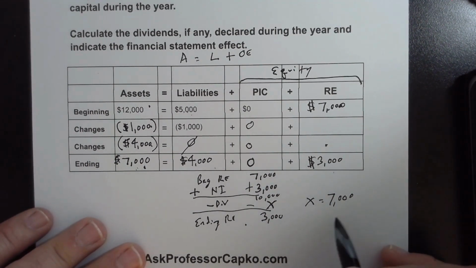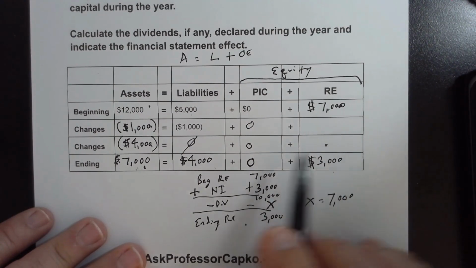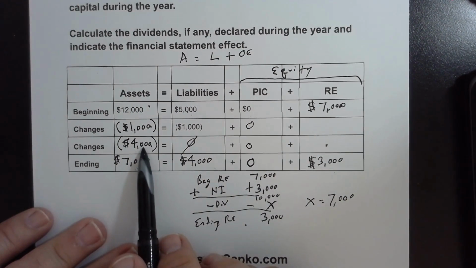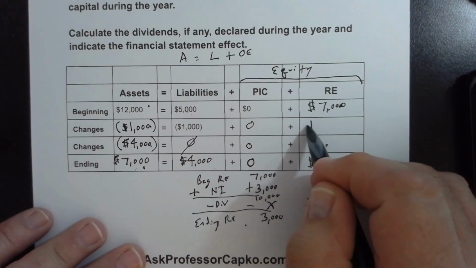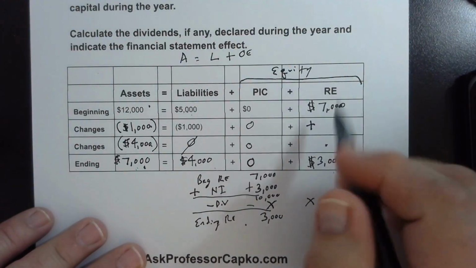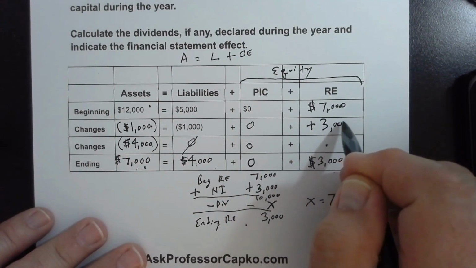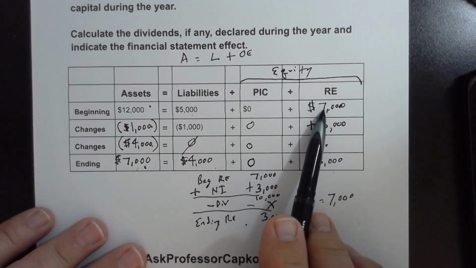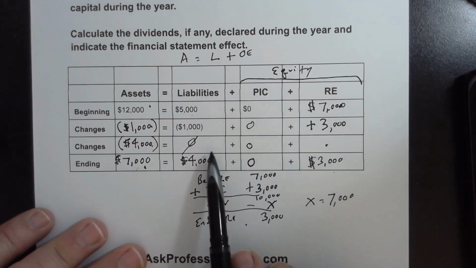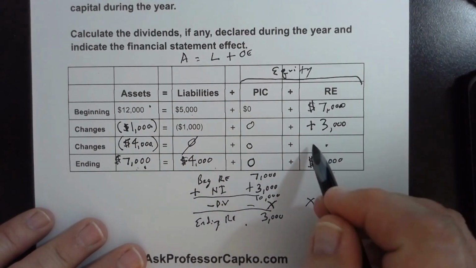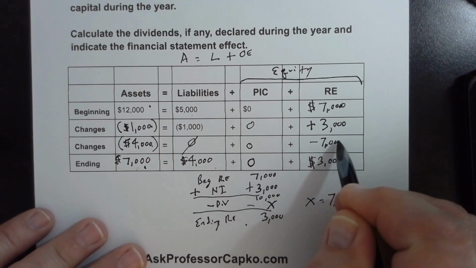How do we arrive at that? Well, let's take a look at this. We have a $4,000 reduction here. So we're increasing our retained earnings by 3,000, because that is the amount of the increase, but we have to take away 7,000 here.